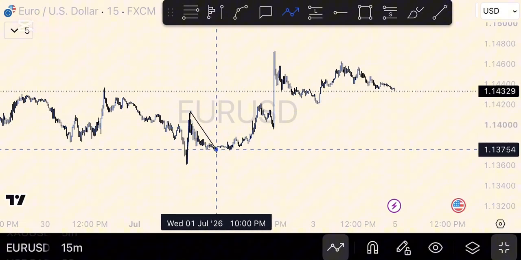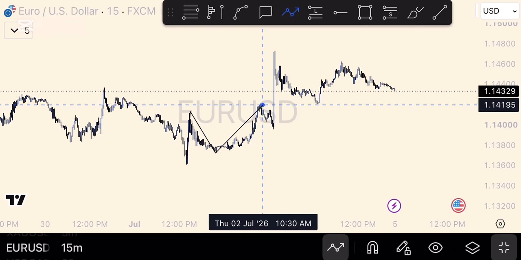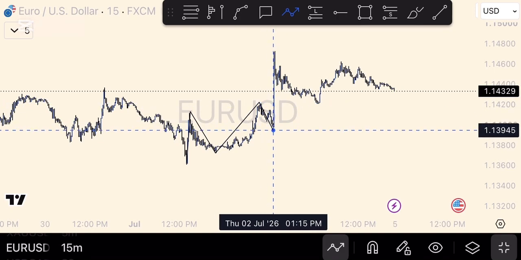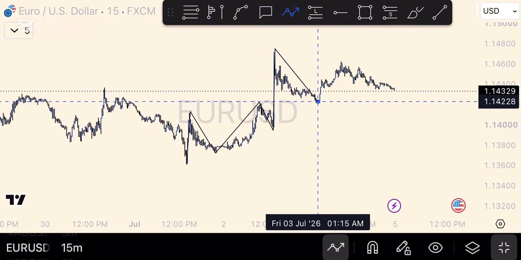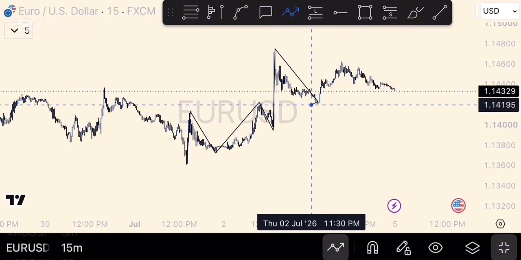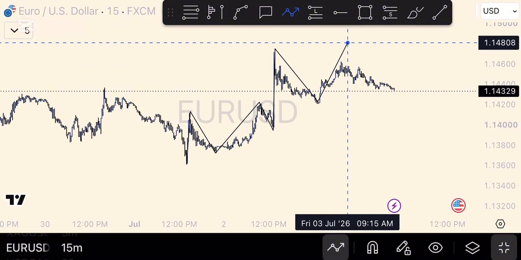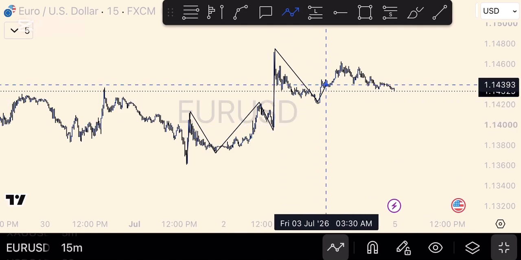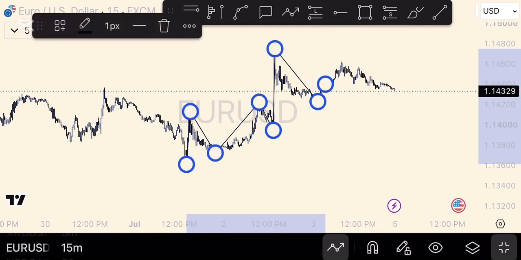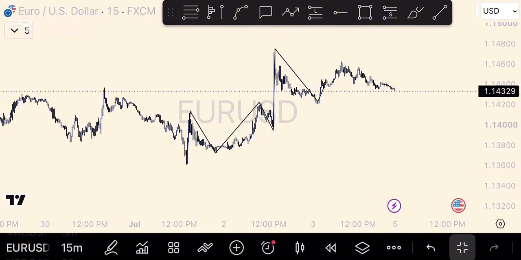We have the swing high, the swing low, the swing high, the swing low, the swing high, and the current swing low, which we can say is a valid swing low because it hasn't broken this high and hasn't taken out this low. So this is just a swing, but a minor swing. So you know how we do it.